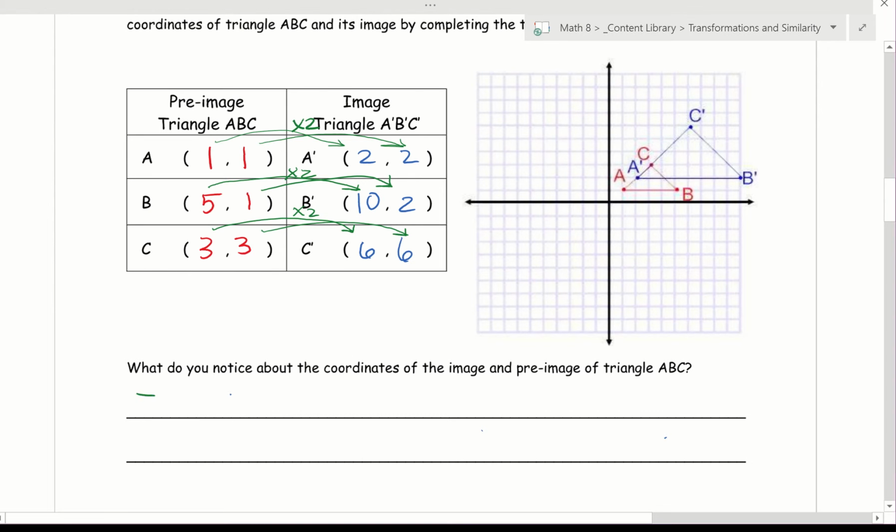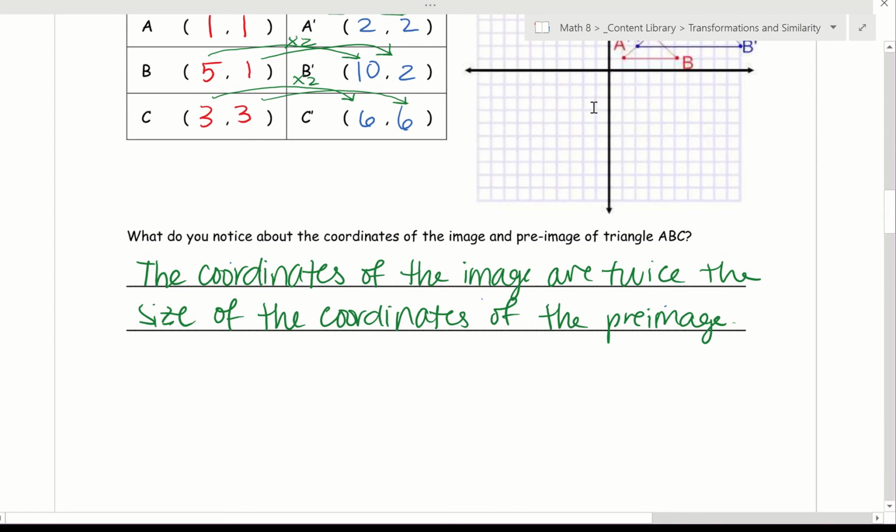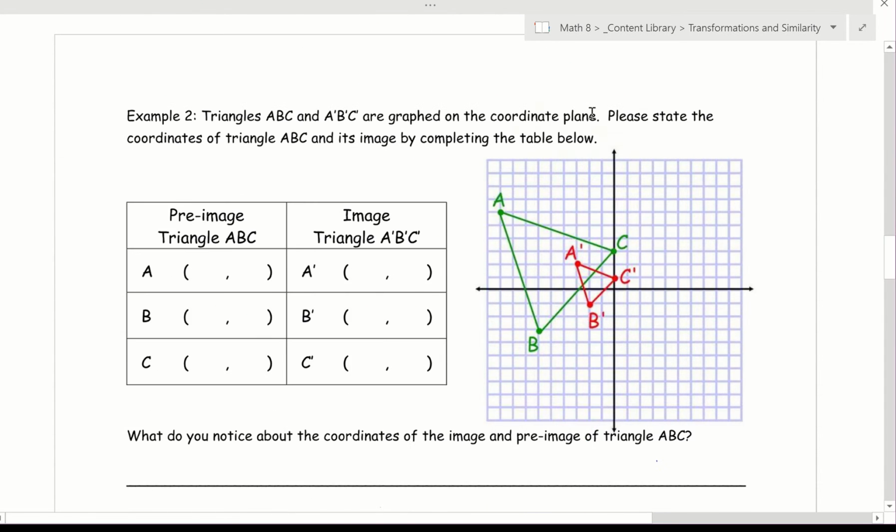So we could say the coordinates of the image are twice the size of the coordinates in the pre-image. Please take a second, write that down. Okay, let's keep going.